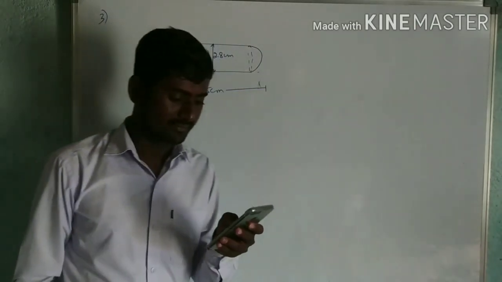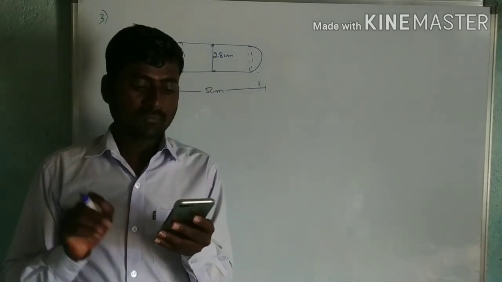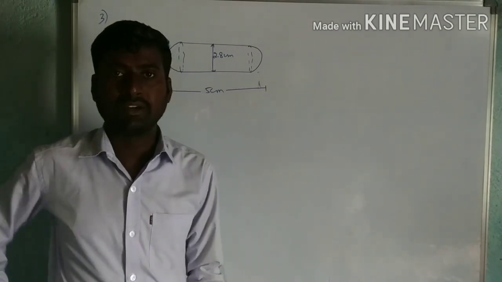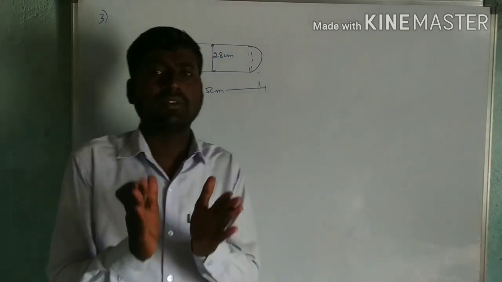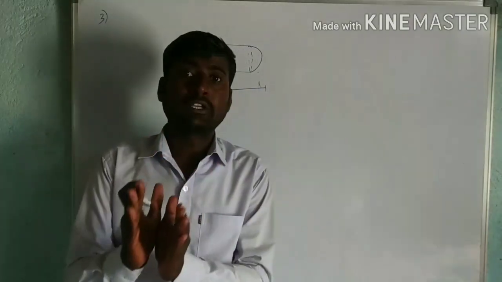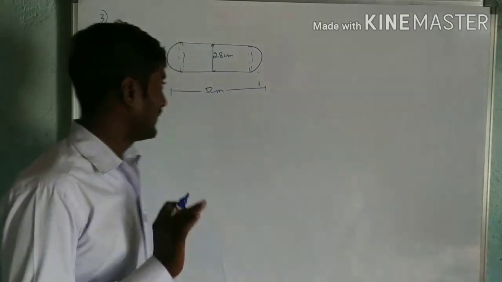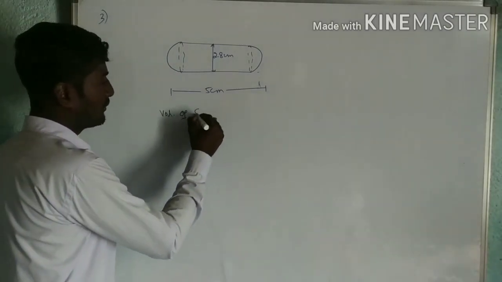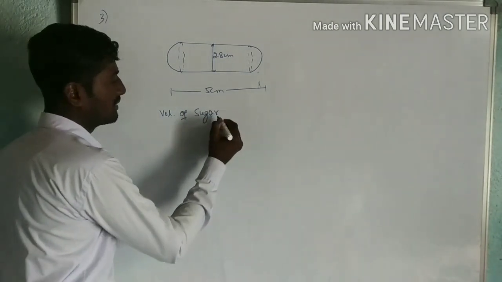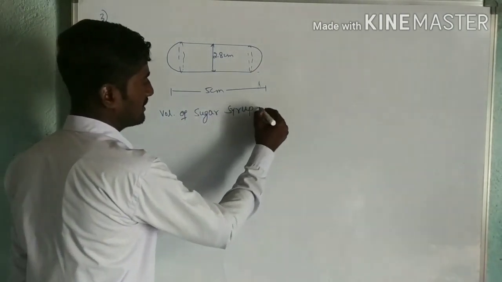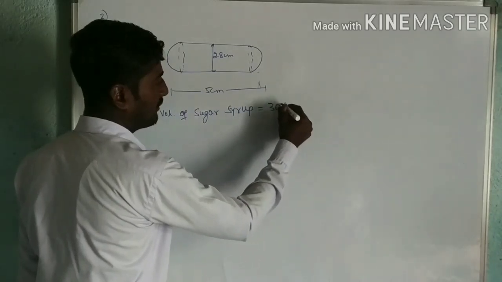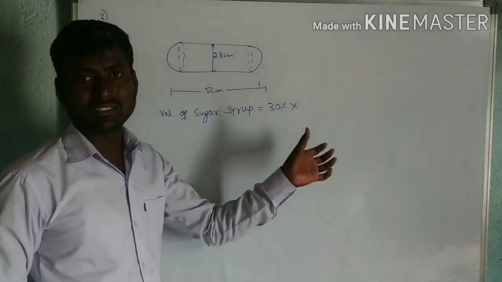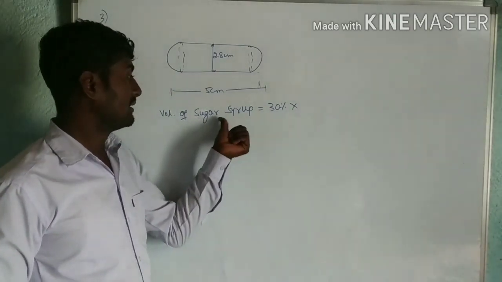These are the given conditions. Now we have to find the approximate volume of syrup in 45 gulab jamuns. First condition: volume of sugar syrup is equal to 30% of its volume, where "of" means multiplication, and its volume means the volume of the gulab jamun.